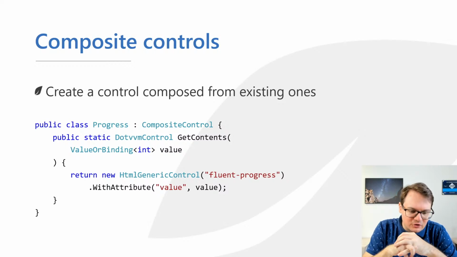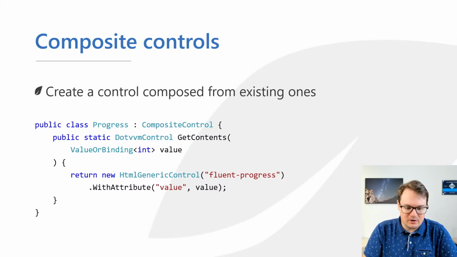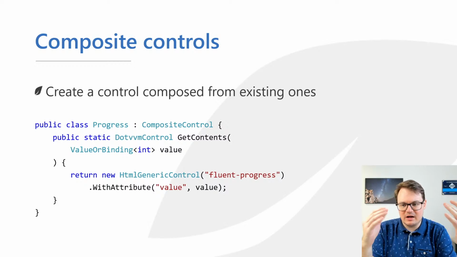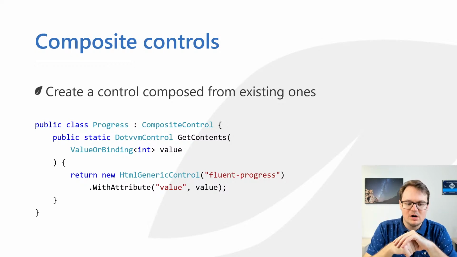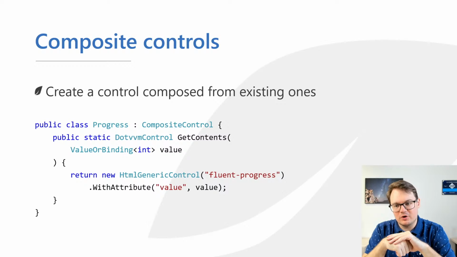And that's why we have introduced the concept of composite control, which is defined as just a C# class, and the only requirement you have is to provide a static method called GetContents, and you don't need to declare the DotVVM properties like you would normally do. You can do it in the composite control, but you don't have to, because if you pass any parameters to the GetContents method, it will create these DotVVM properties for you.